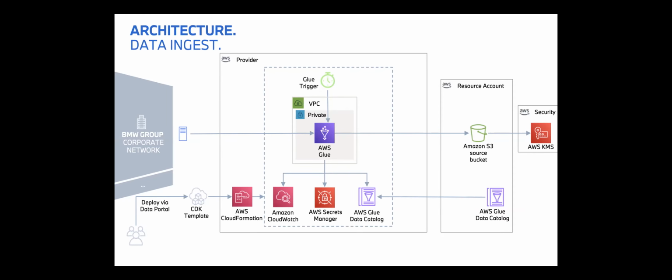It uses that data, puts it into the S3 source bucket, and also writes the metadata of the ingested data into a Glue data catalog. So you can have easy access via Athena or Glue ETL and always have the metadata for the actual data on S3. It of course uses all those auxiliary services like CloudWatch or the Secrets Manager to handle the data.